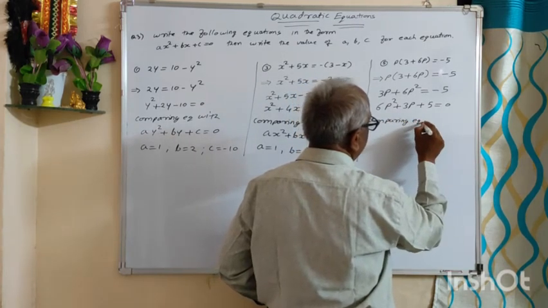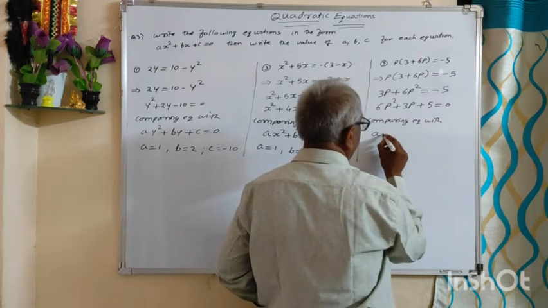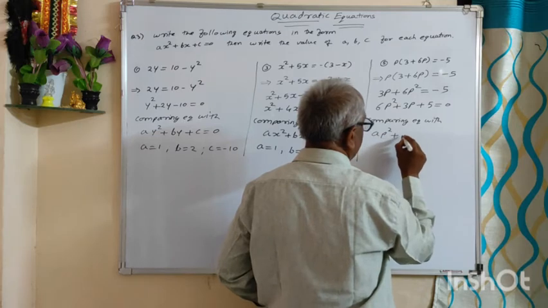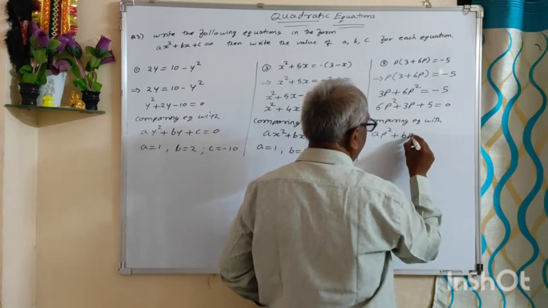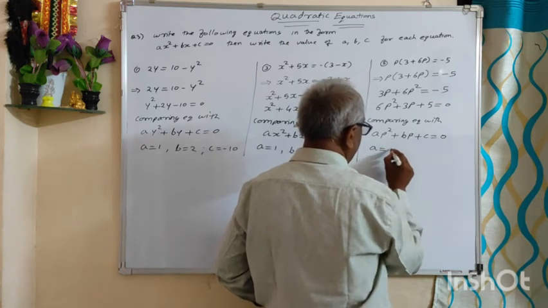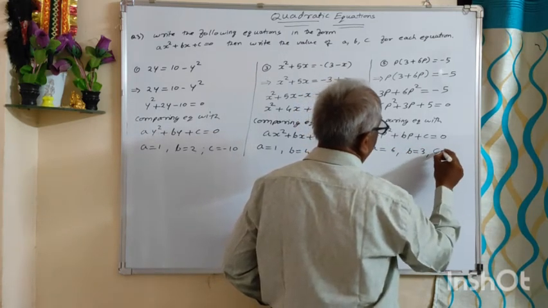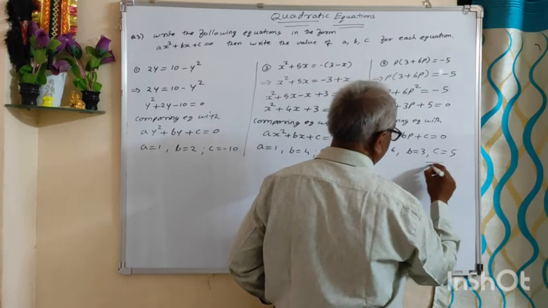Comparing the equation with ap square plus bp plus c is equal to 0, where a is equal to 6, b is equal to 3 and c is equal to 5.